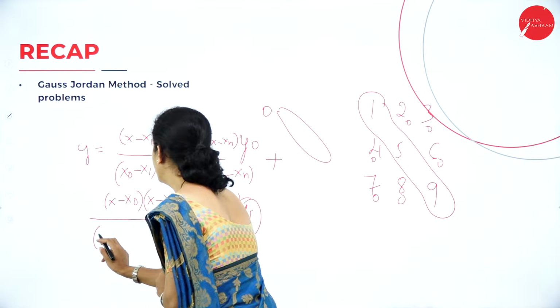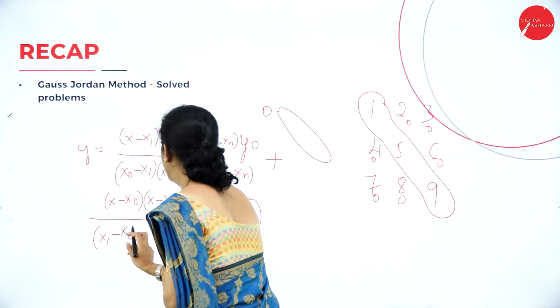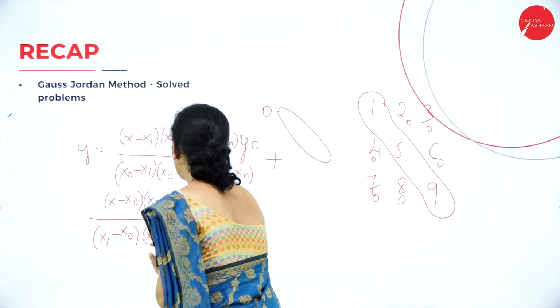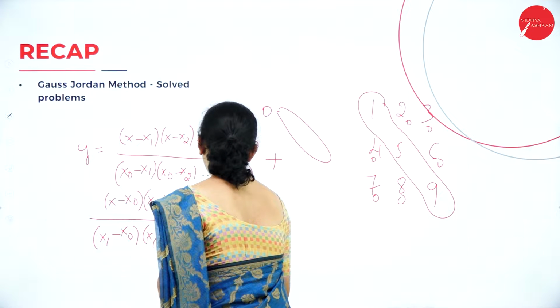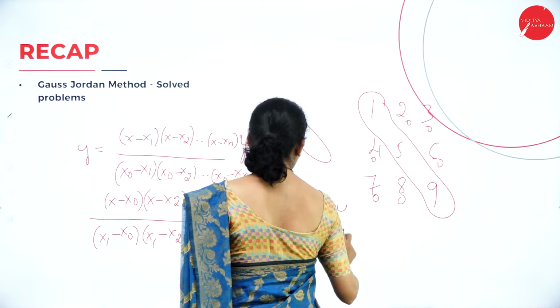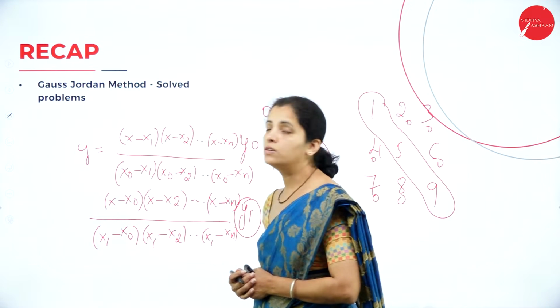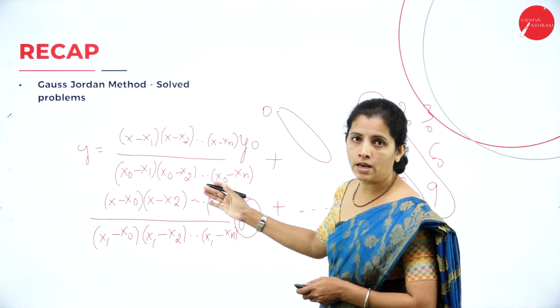And here x1 minus x0, x1 minus x2 up to x1 minus xn, and it's going to continue up to yn. So this is the Lagrange's interpolation formula.